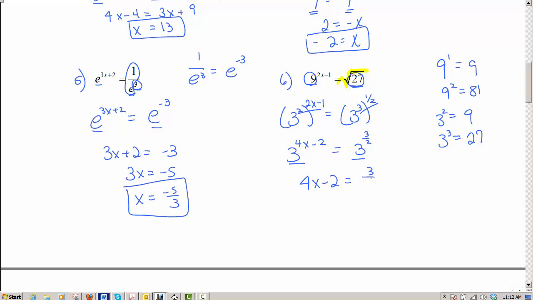So we can set our exponents equal to each other. Now at this point you can deal with the fraction. You can make it 1.5, although I kind of cringe to say that. We could just multiply everything by 2 to get rid of that fraction. Just make sure you distribute. So let's see, if I add 4 and divide by 8.